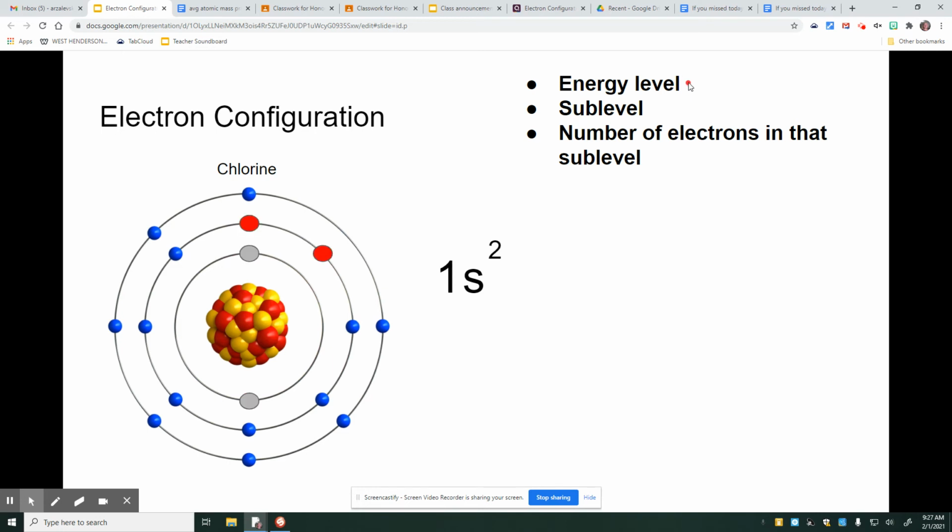So the next 2 that we're going to look at are on the second energy level. The second energy level has S and P sublevels. S requires less energy, so it's going to fill first. An S sublevel can hold up to 2 electrons, and I have 2 electrons to go in there.